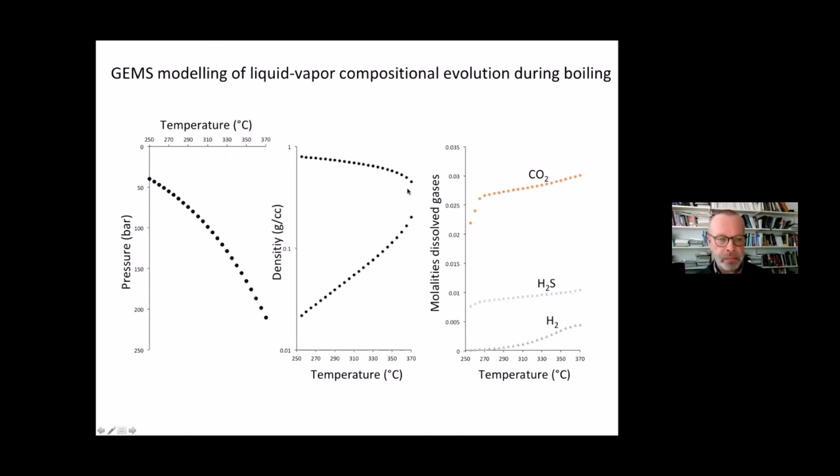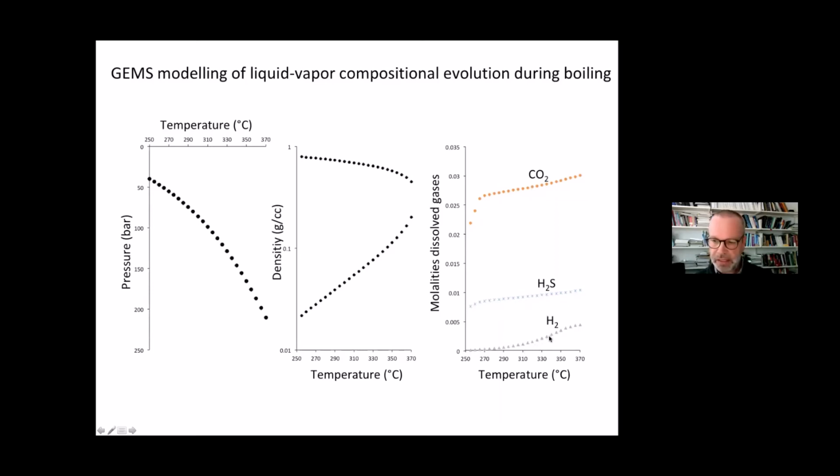Here you see, following the two-phase curve in this temperature pressure stretch here, we can use the code to calculate how the densities will evolve and how the gas concentrations in the liquid phase will evolve.